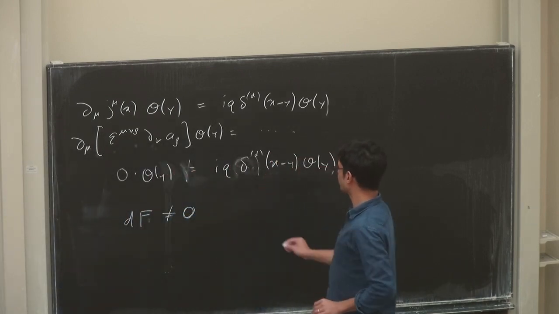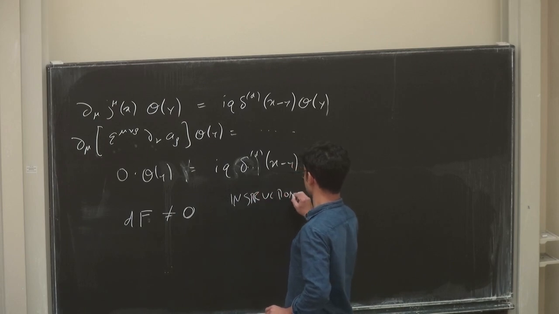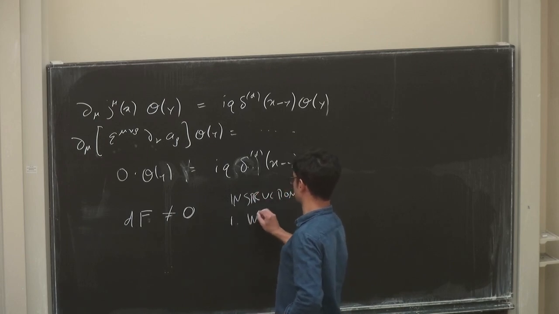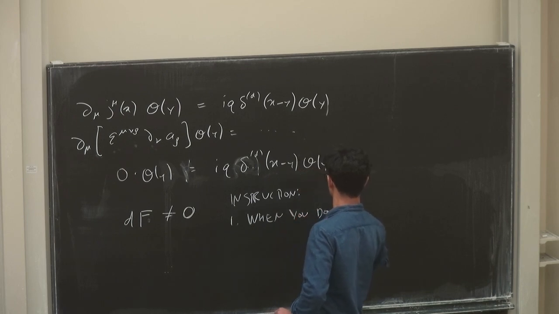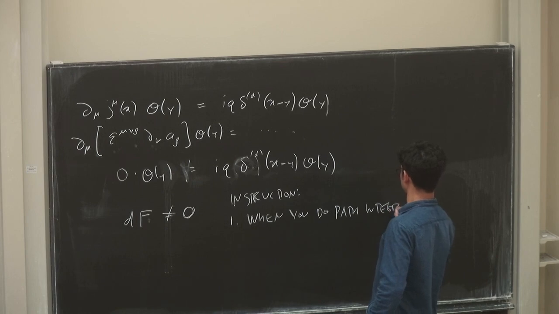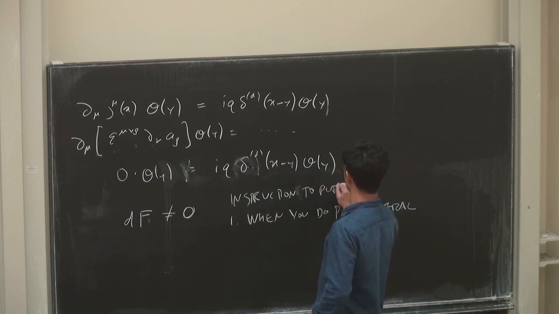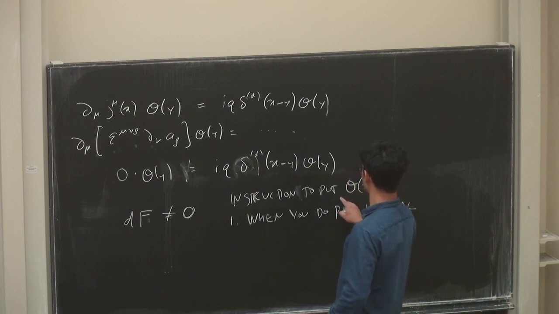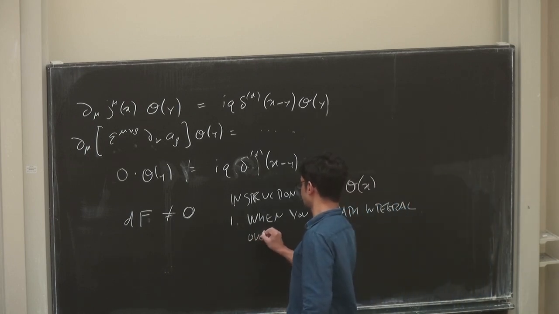So the charged operator is the following instruction. When you do the path integral over A, the instruction to put O of x at a point is: you do the path integral over A.